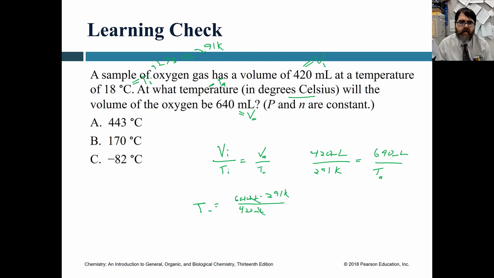Milliliters cancel out, and we are left with 443 Kelvin, which makes sense for a temperature. We were asked to solve for it in Celsius, though, so then we have to subtract 273 Kelvin, and we end up with 170 degrees Celsius, which is choice B up here.